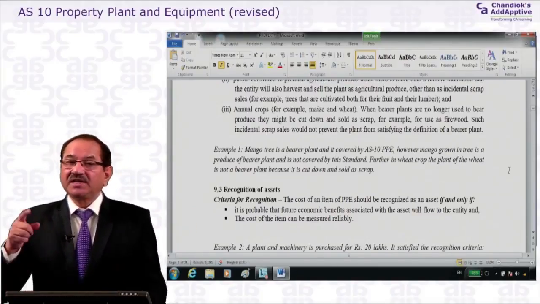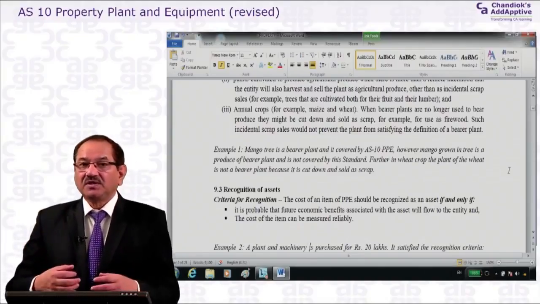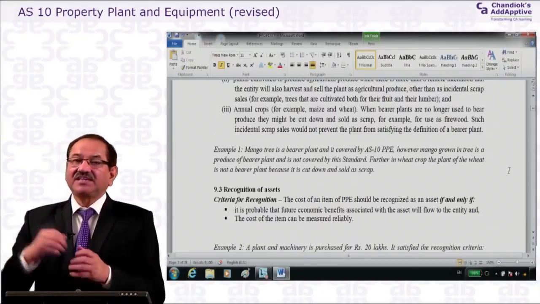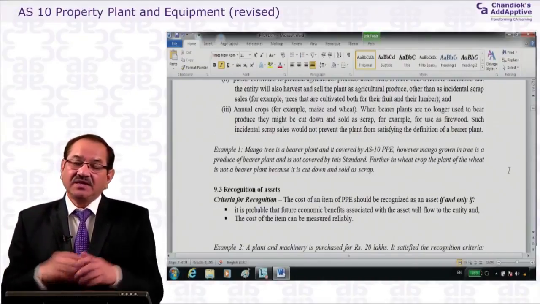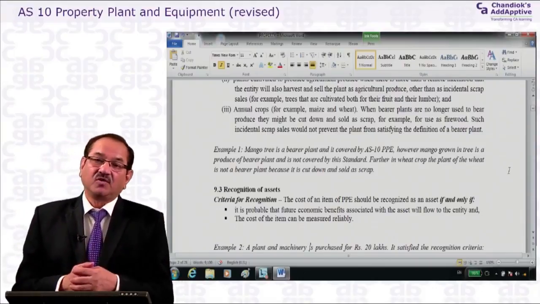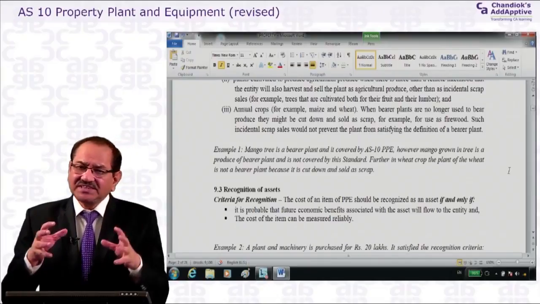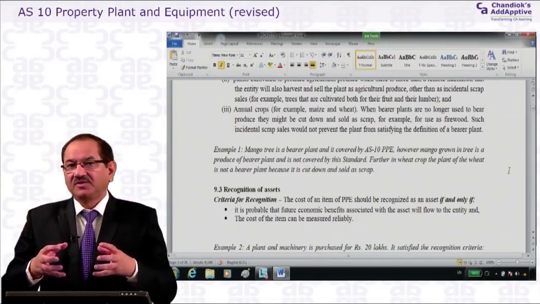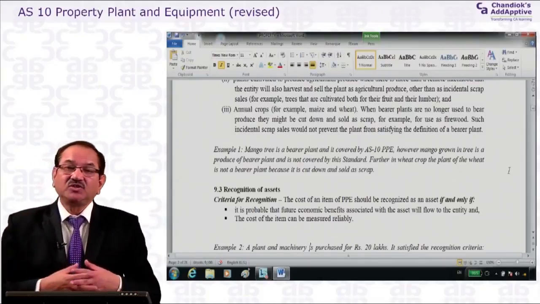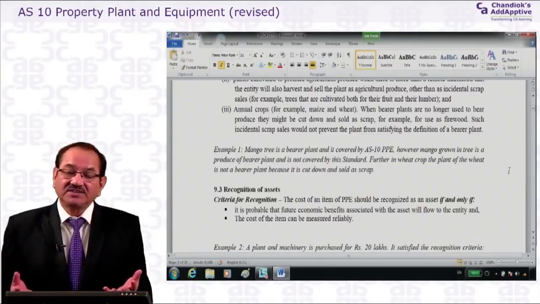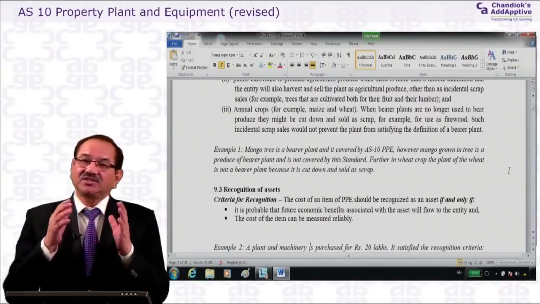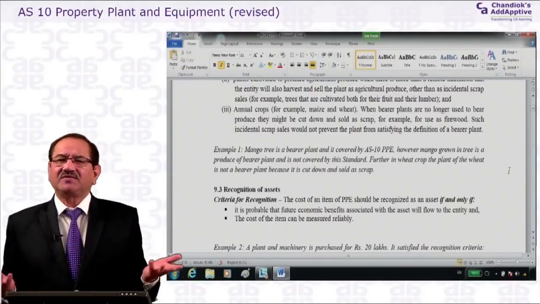You took a delivery, but it took 6 months to install that plant and machinery. There was a trial run, and then it was fit for production, maybe somewhere in November 2016. At what time should you recognize that plant and machinery in the books of accounts? When should you say to the rest of the world, in the financial books, that it's my plant? That's the recognition criteria, and this recognition criteria is there in every accounting standard.